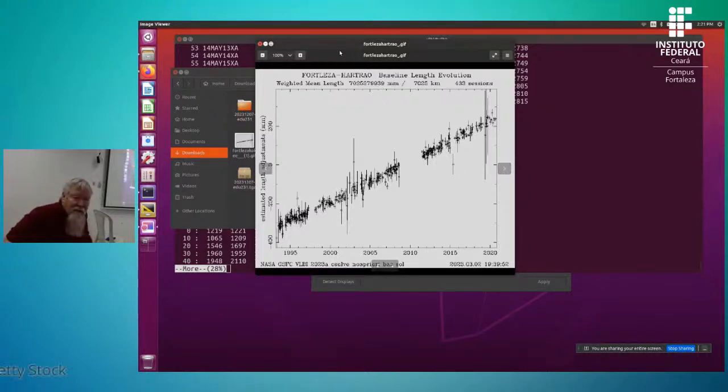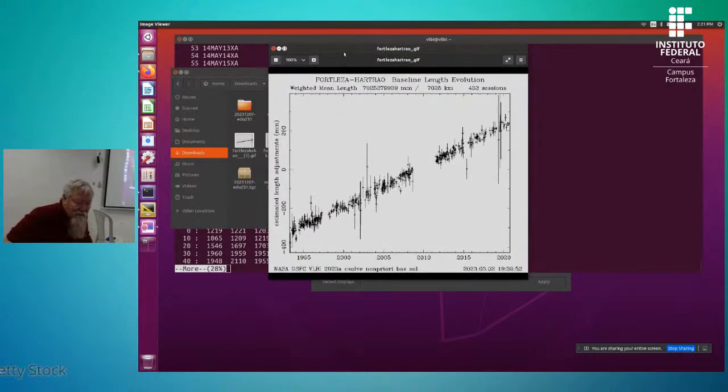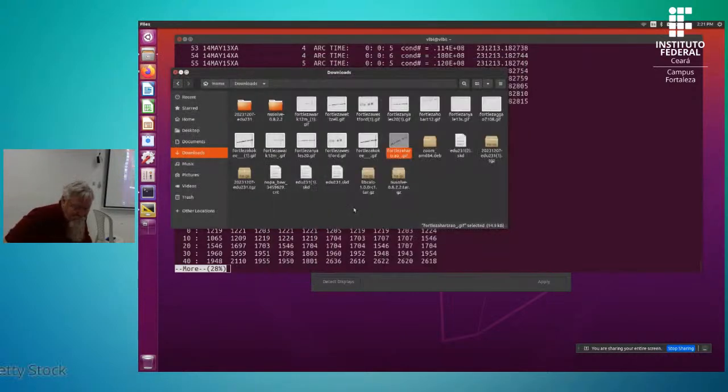Another slide? Yes. There is a large noise here. In this slide here or in the previous? Yes, in the previous as well. Some noise at the end of before 2020. Yes. 2018.